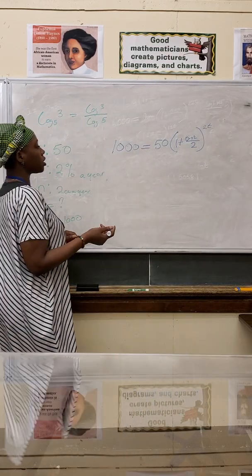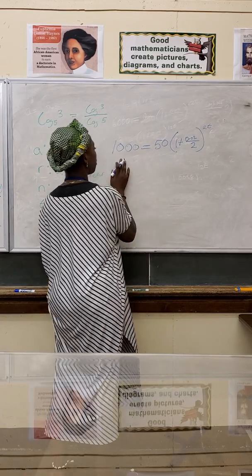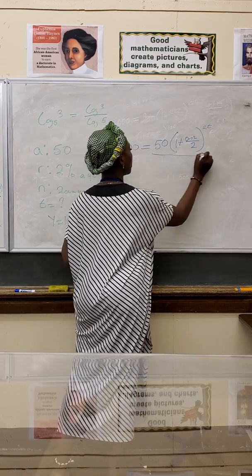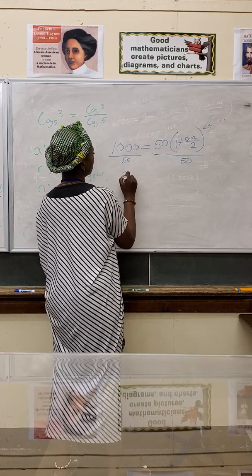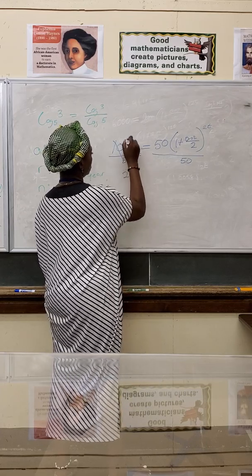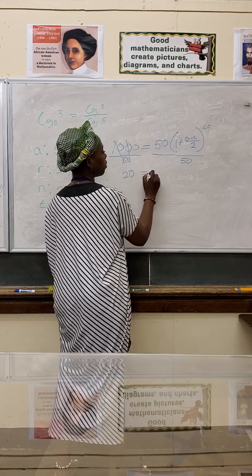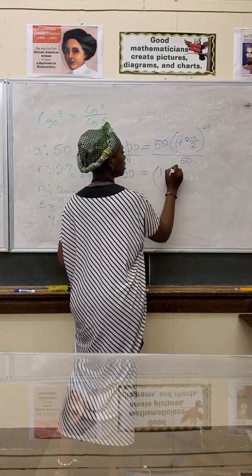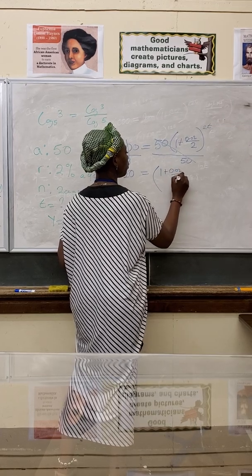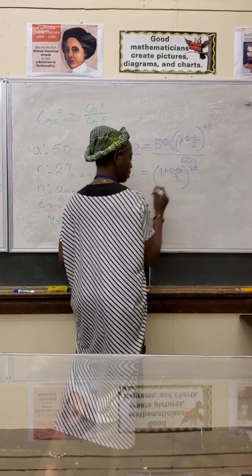So now we're going to go ahead and solve this. I'm dividing both sides by 50. I get 20 equals 1 plus 0.02 over 2 raised to the power of 2t.